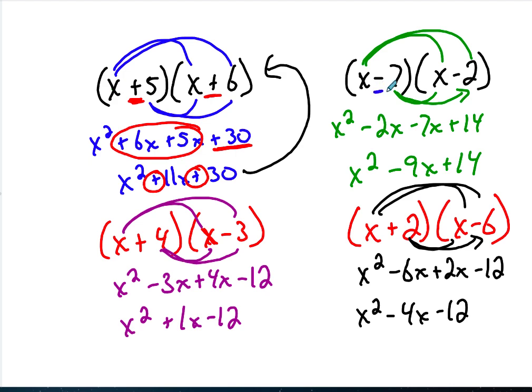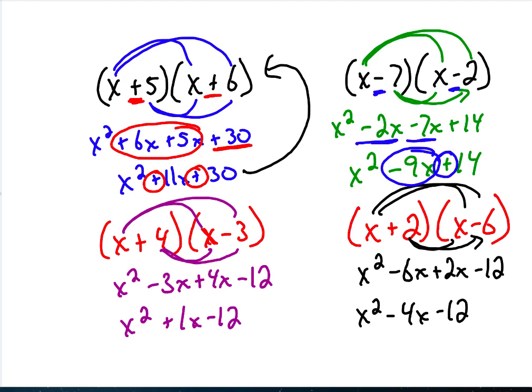Where I have a subtracting and a subtracting, I'm going to get different signs. So I'm going to get addition for my last sign, because remember, a negative times a negative is a positive. But in the middle, I have a negative term and a negative term that combine to give me a negative. Okay? So we're looking at what those patterns in my signs are that are going to help me figure out how I want to set this one up.